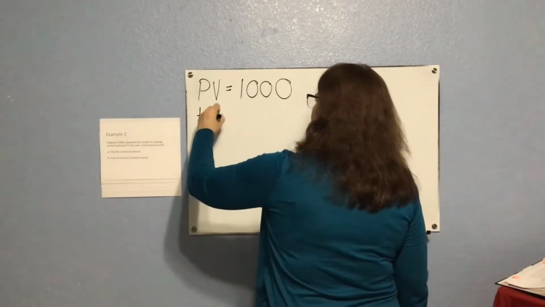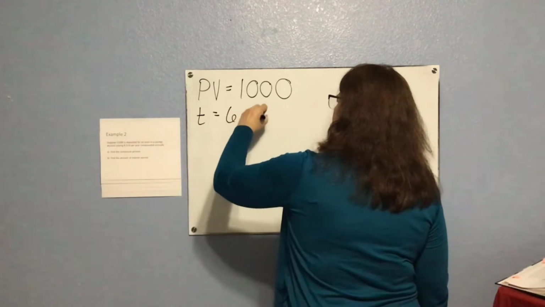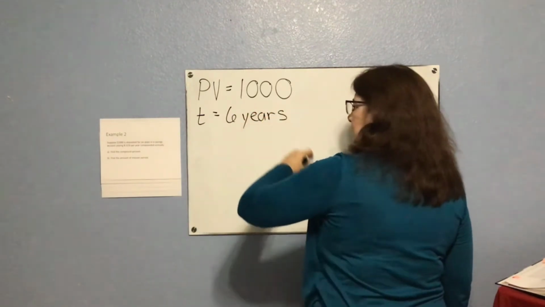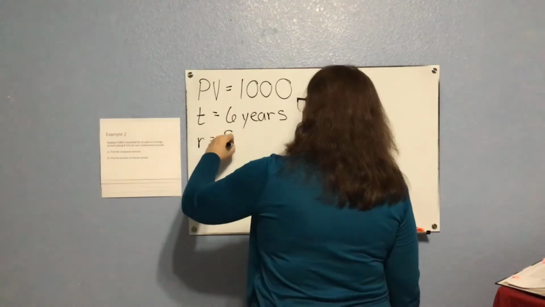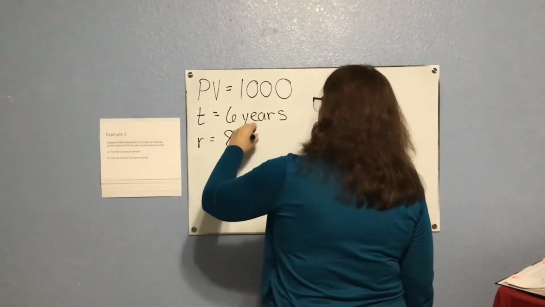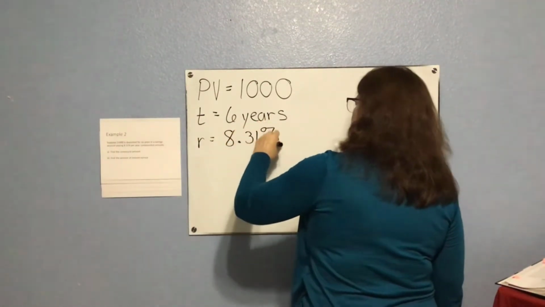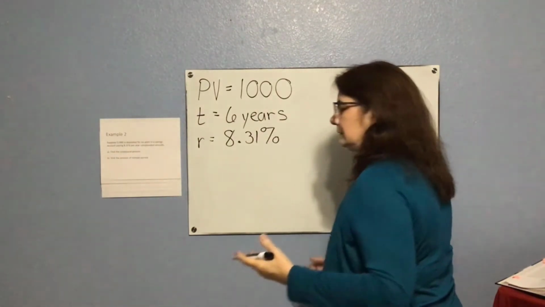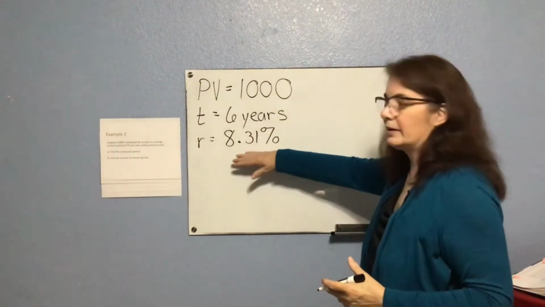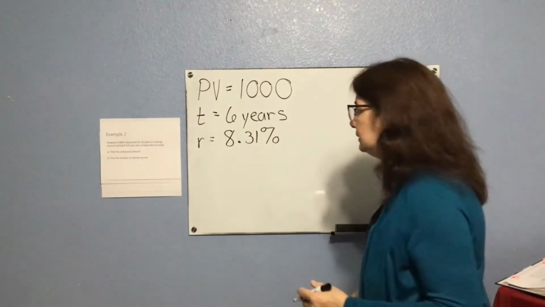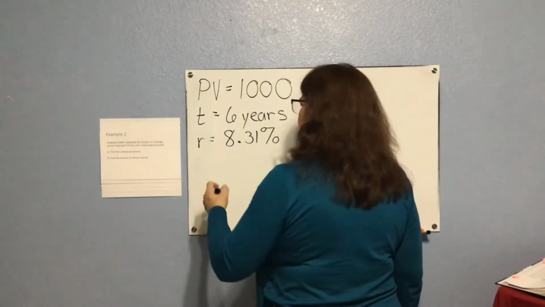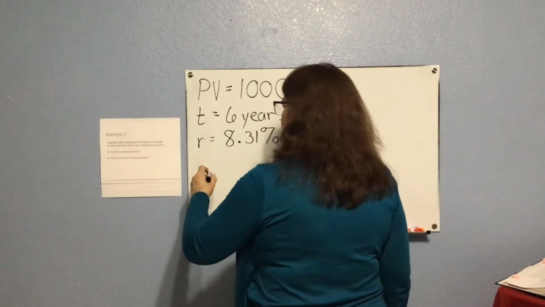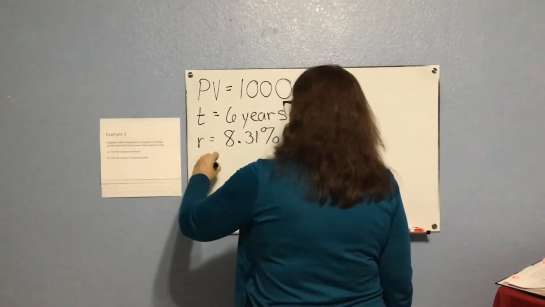Our time is 6 years. Our interest is 8.31%. And just in case you're not aware, this is ridiculously high. You can't get an account that's going to pay that much. And our compounding is annual.